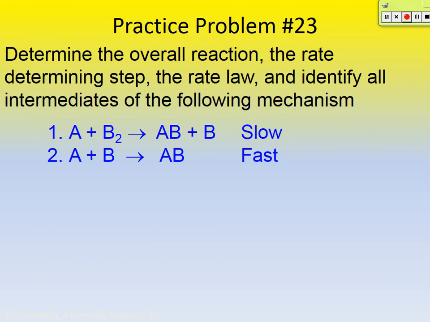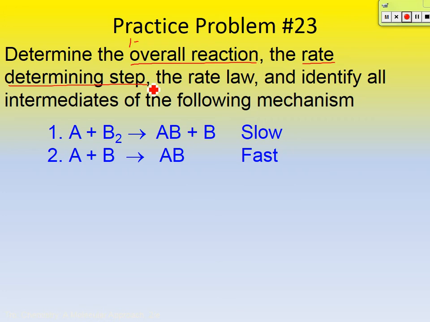Okay, let's go to practice problem number 23. This one is in your book. I would like you to answer this question, but there are a number of parts to it. First, determine the overall reaction. Second, determine which step is the rate determining step.